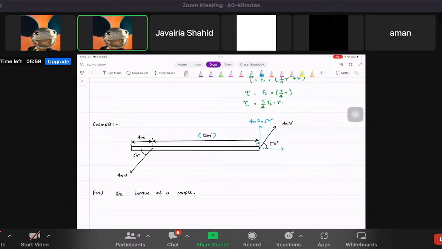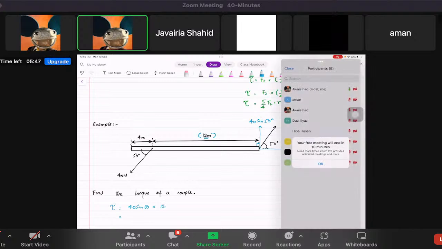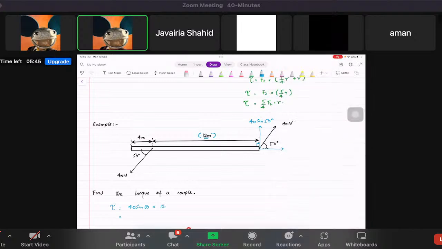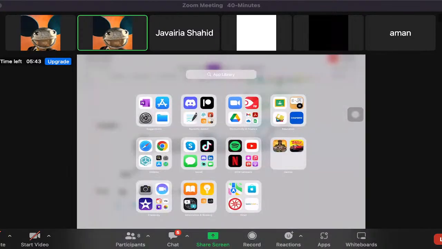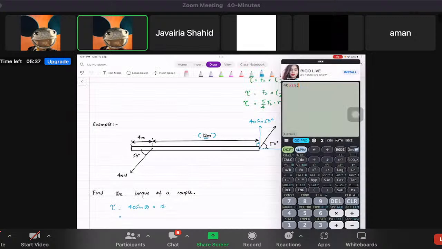And now the torque of a couple can be written as one of the forces multiplied by the distance between them, so that's 12. Wait a second, where is my calculator? Okay, 40 sine 50 times 12.